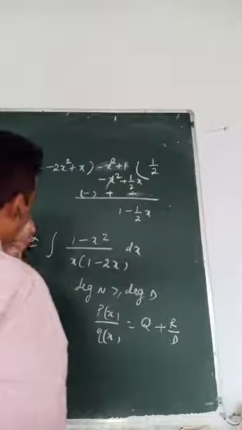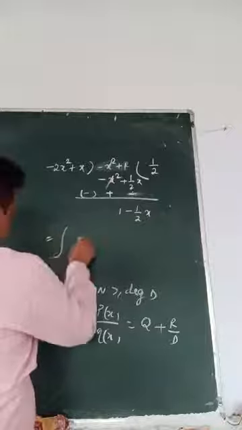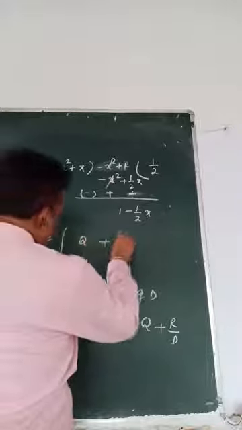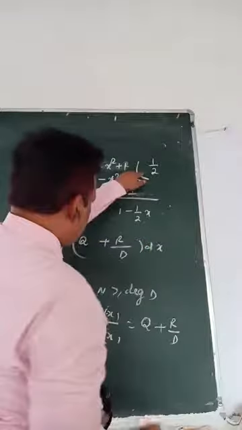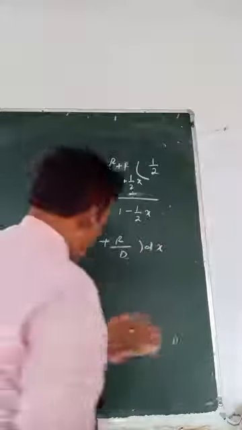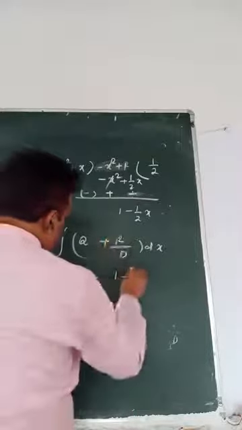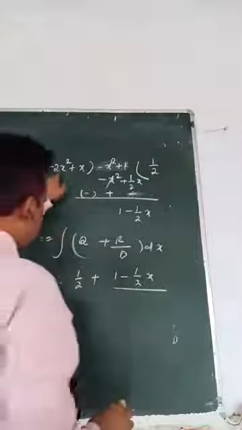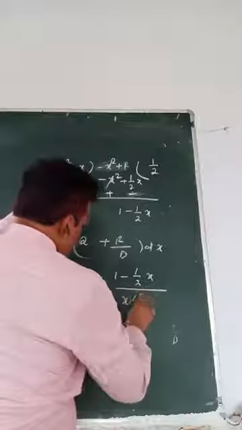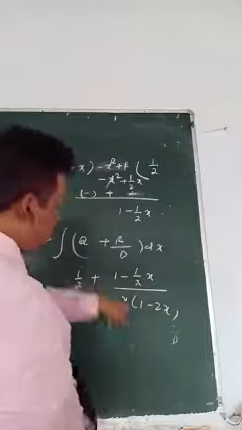So this will be quotient plus remainder by divisor. Means half, plus remainder 1 minus half x, by x into 1 minus 2x.